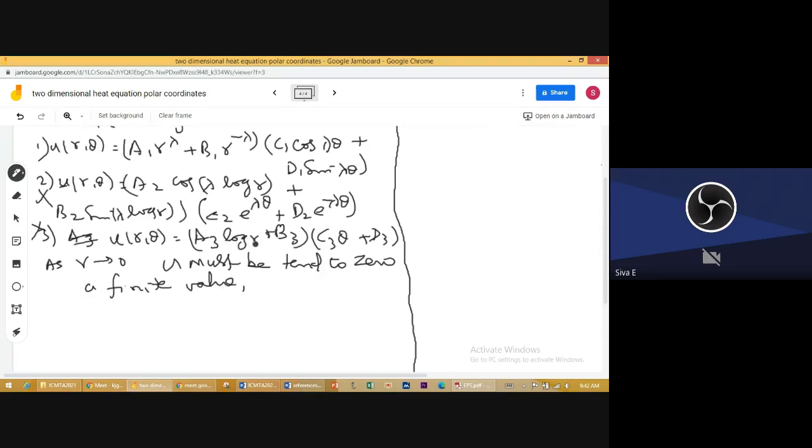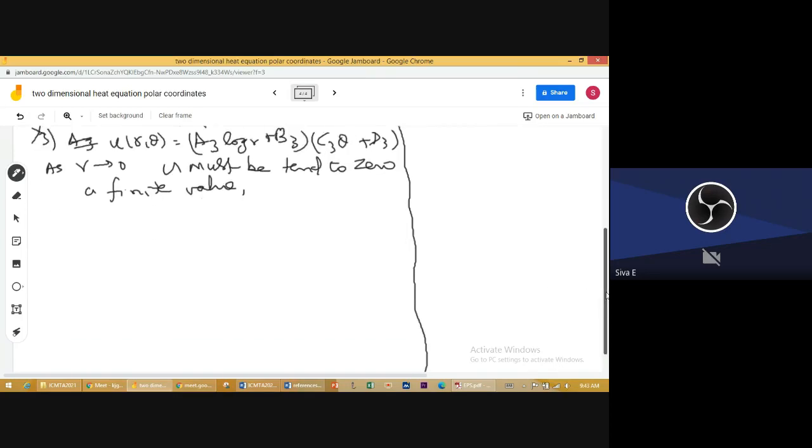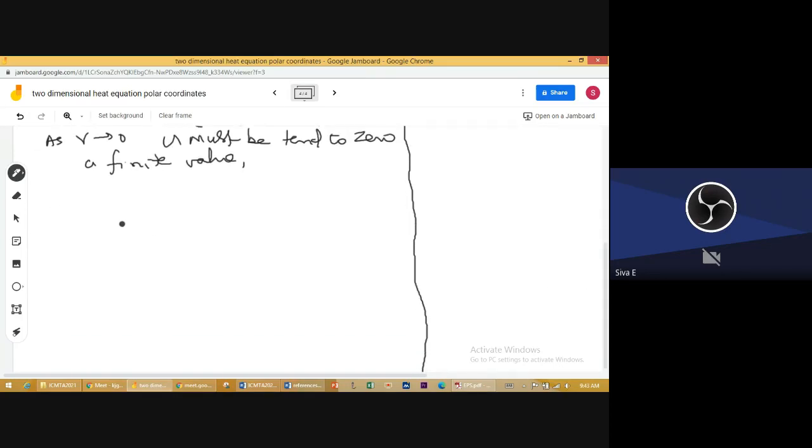Even if you take the second and third ones, the values do not tend to a finite value; they tend to infinity. So select solution 1.